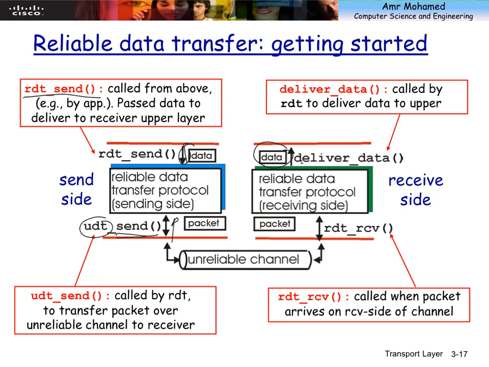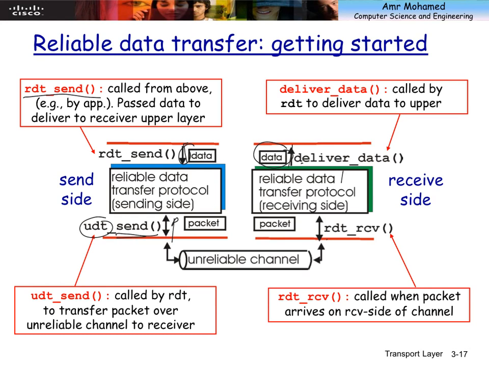We'll see a scenario that explains this. So this receive is called when the packet arrives on the receiver side. If the packet arrives, then I send an acknowledgement back, and then I send this data up to the higher layer.